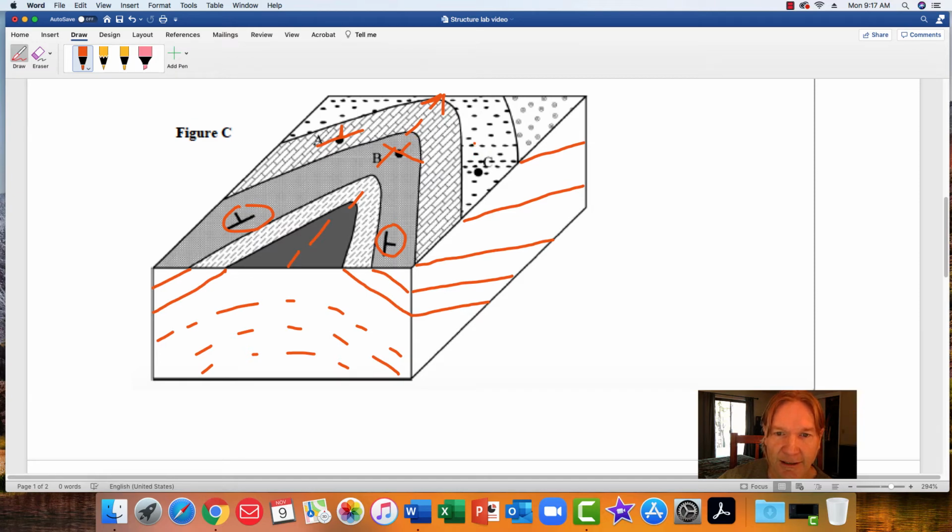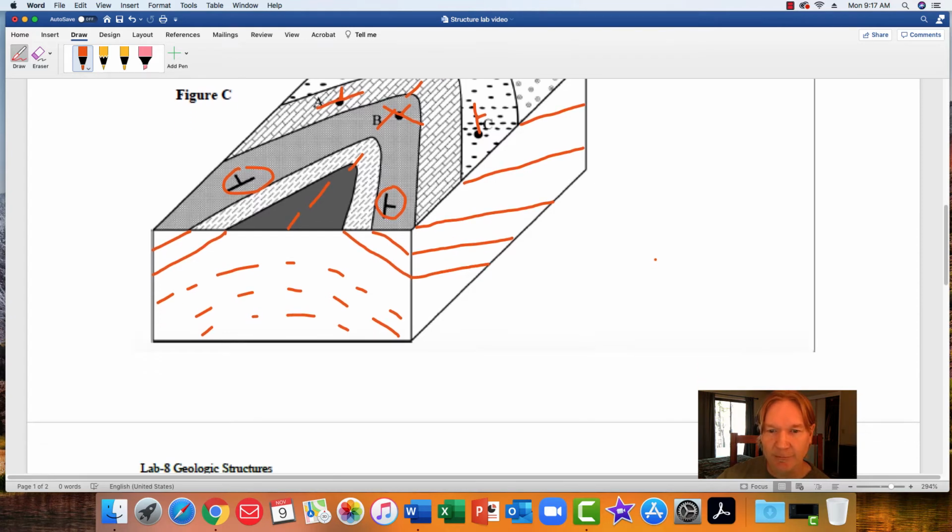And over here at C, the strike and dip symbol would look like this. Again, the strike is parallel to the contacts between the layers, and it's dipping to the right in this direction. So there is our figure C, plunging anticline.